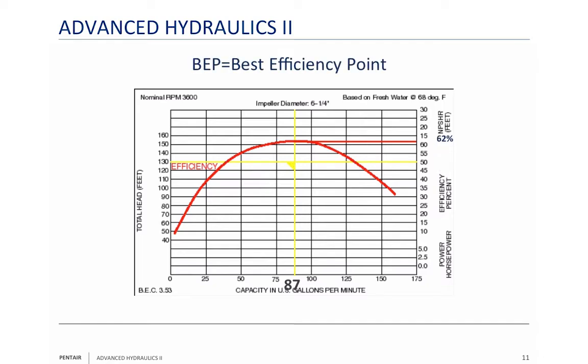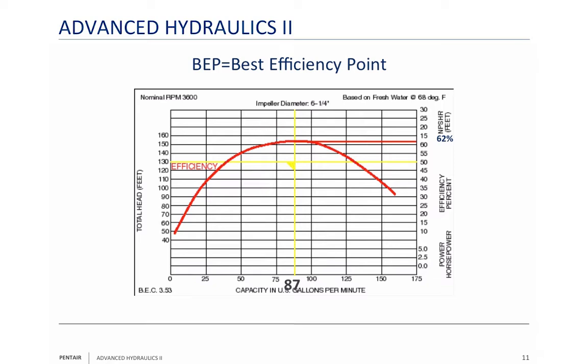Now, best efficiency point. What it really means is this. We want you to stay within 5% of that best efficiency point. Now, we can't be talking up or down because up or down means that's not my best efficiency point. So, best efficiency point means 5% on the high side of the flow of my best efficiency point or 5% on the low side of my flow for the best efficiency point.